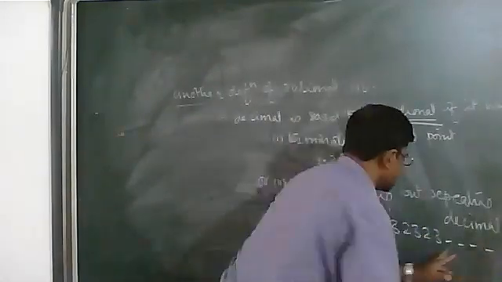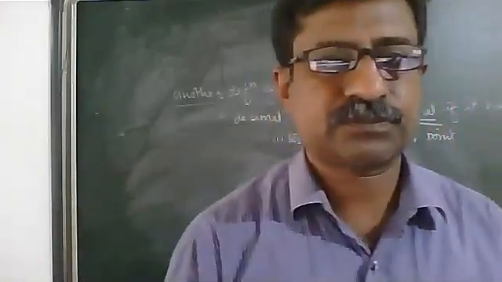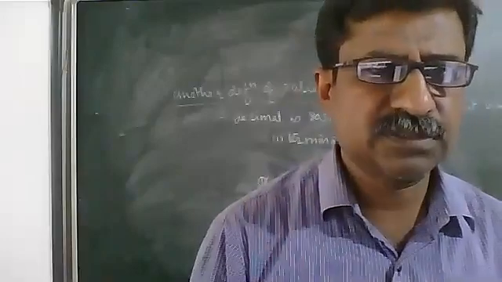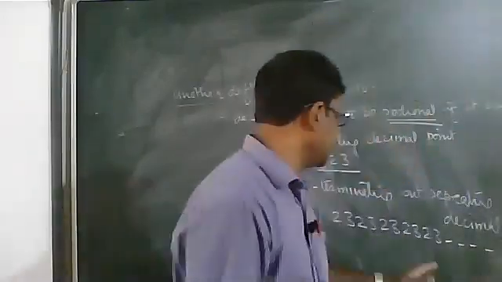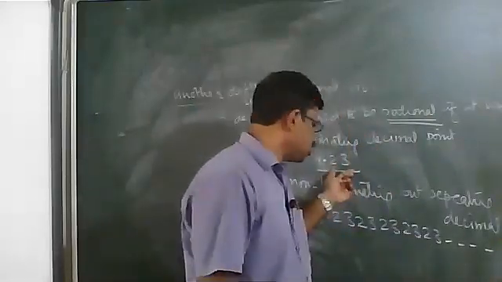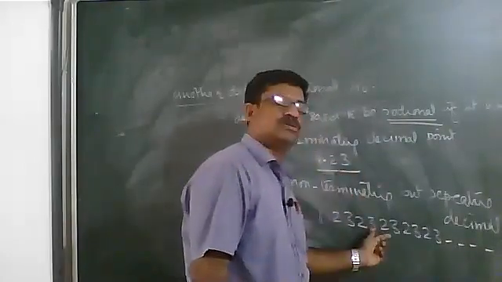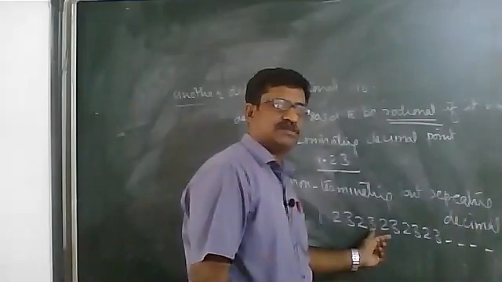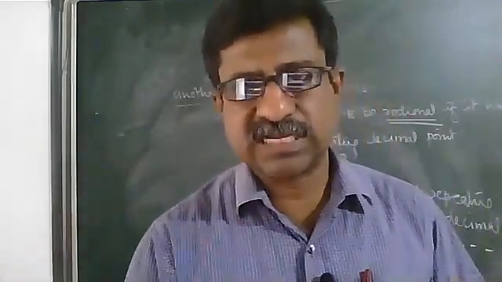It has not stopped, but it is repeating. Such type of numbers are also known as rational. Either they should terminate or they should repeat. Understood? This is rational number.